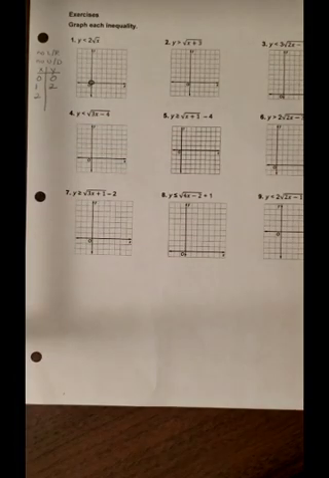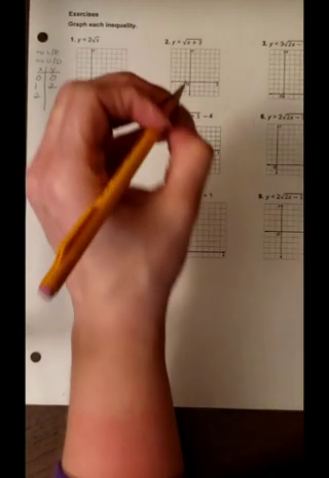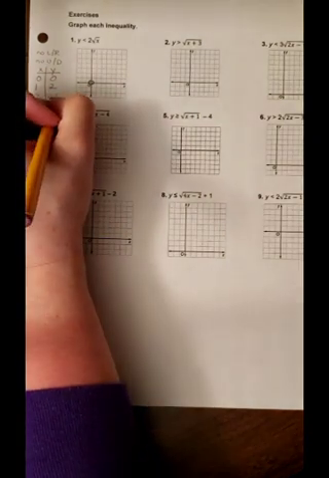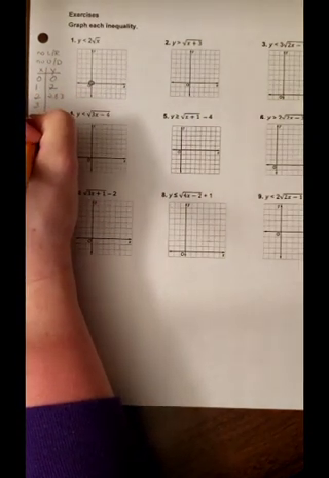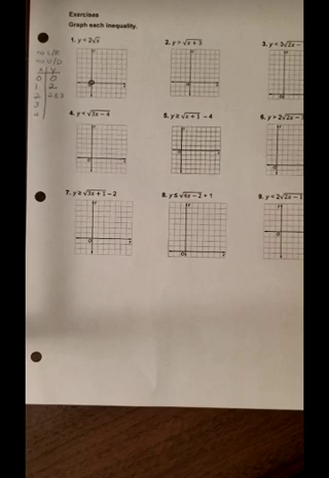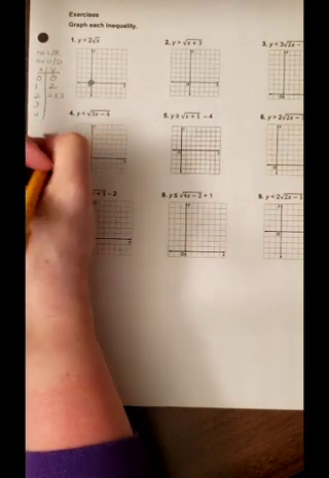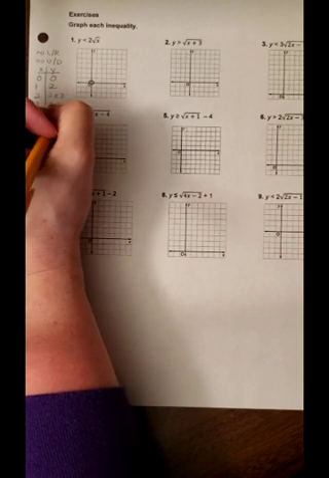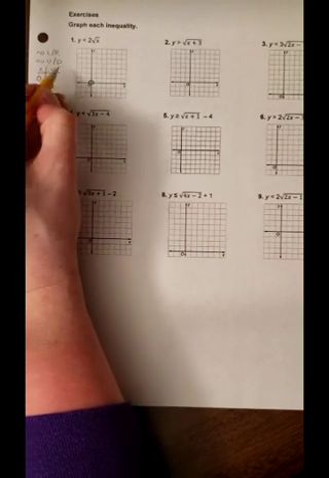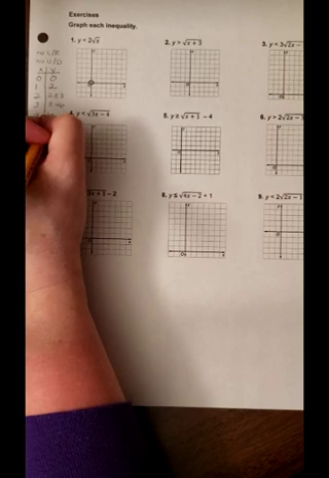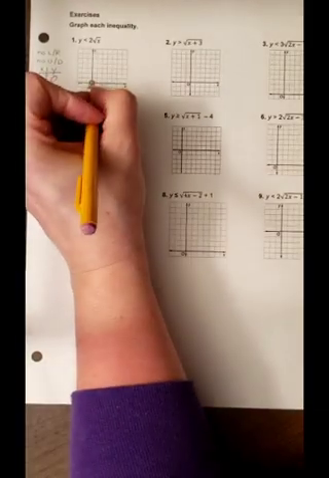Square root of 2, 2 times the square root of 2 is 2.83. And 3, 2 times the square root of 3 is 3.46. And for 4, we know the square root of 4 is 2. 2 times 2 is 4. Well, that one worked out nicely.